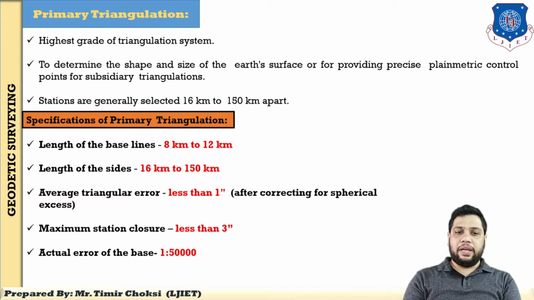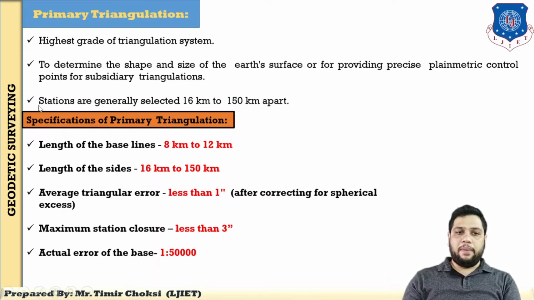Similarly, in a primary triangulation, the maximum station closure is considered less than 3 seconds. And the actual error of the base means that when you measure 50,000 centimeters, 1 centimeter error is valid, but more than 1 centimeter is not valid in a primary triangulation.